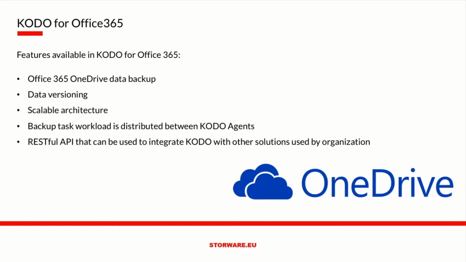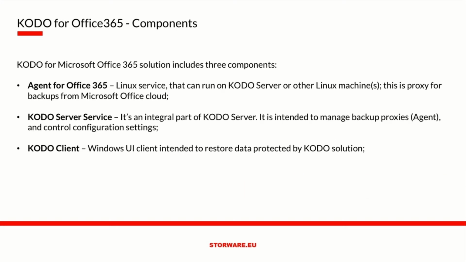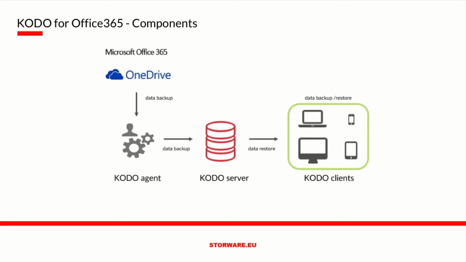So let's take a look at the components of KODO for Office 365. We have three main components. We have an agent, which is a Linux service that can be run on KODO server or other Linux machine. Generally, this is a proxy for backups from Microsoft Office Cloud.